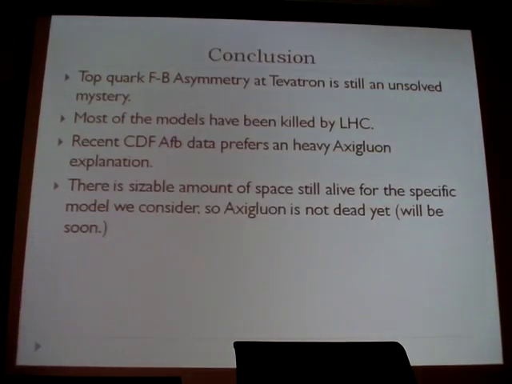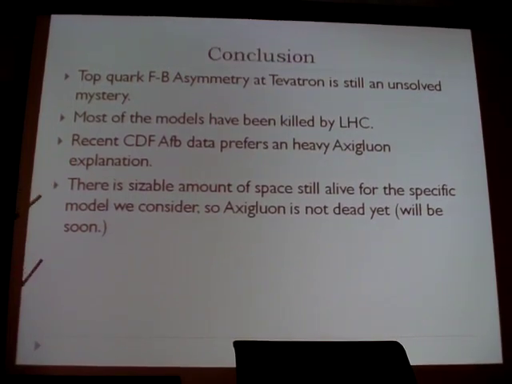Okay, so here is the conclusion. We have seen that the top quark forward-backward asymmetry is still unsolved. There is no proper explanation for this asymmetry. And most of the models have been killed by the LHC constraint.